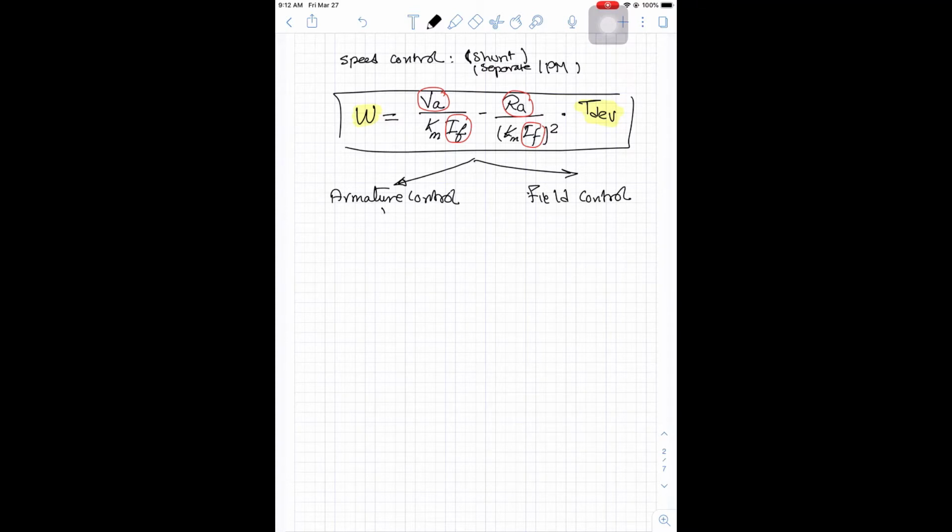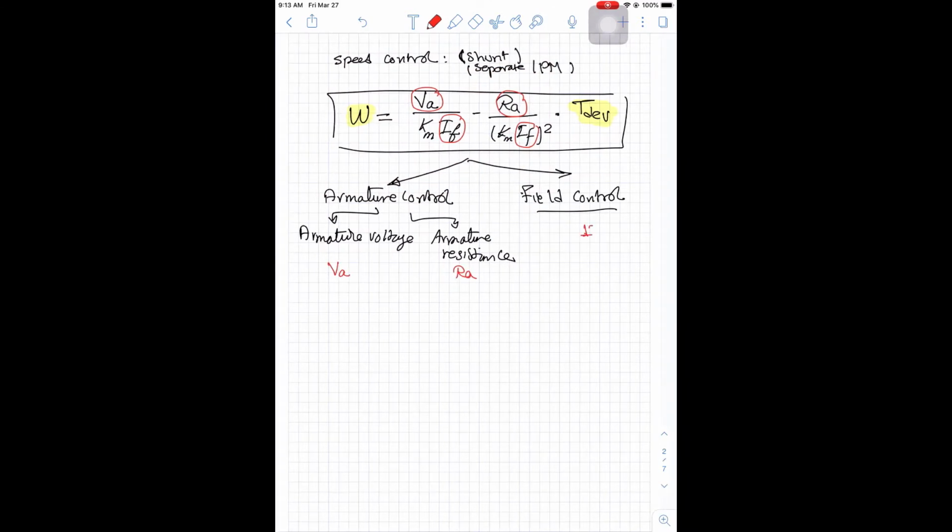Under armature control, we can change the armature voltage or the armature resistance. For field control, we are just changing the field current. So these are the three types of control that we have: changing VA, changing RA, or changing IF.